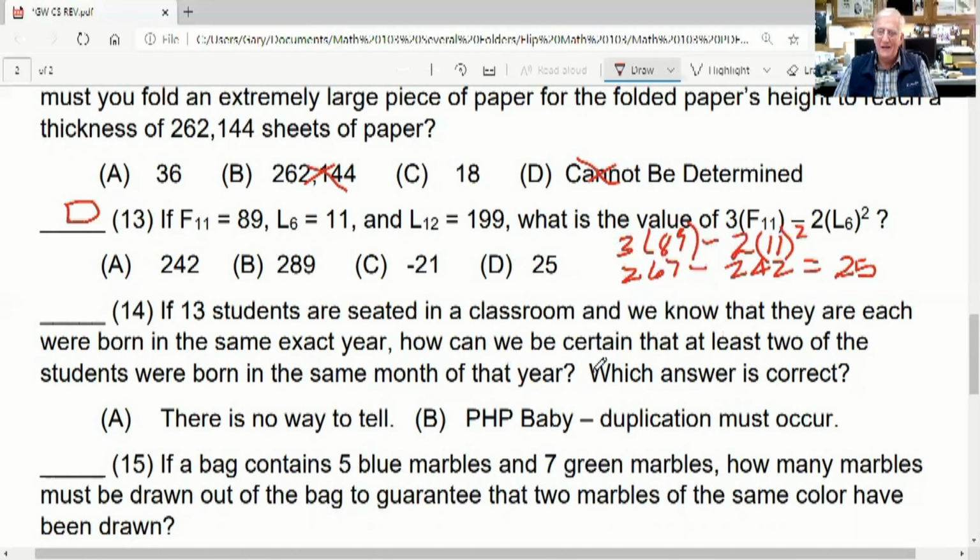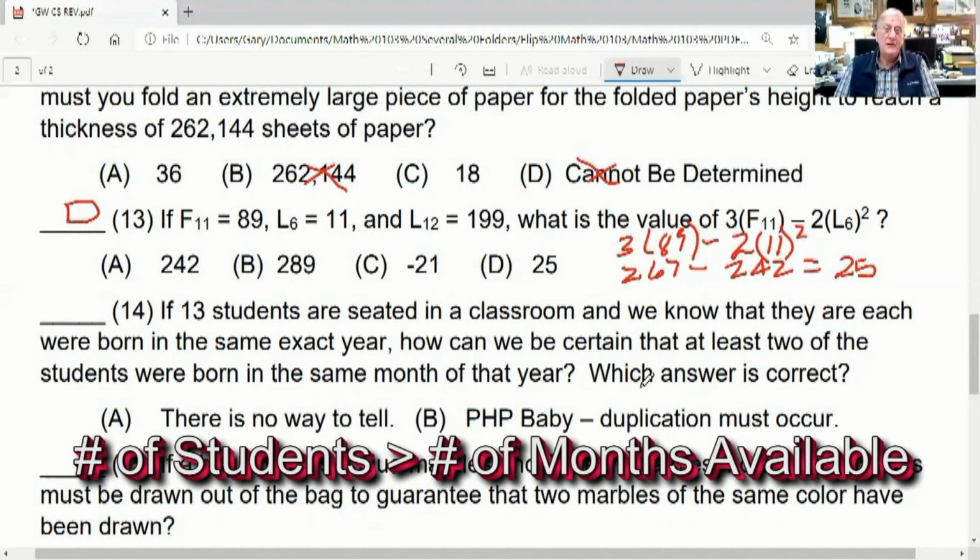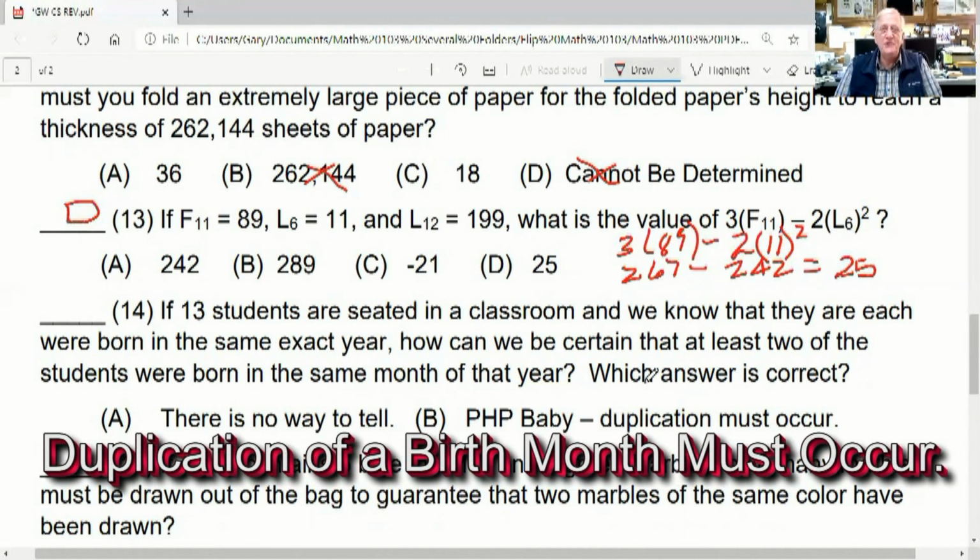Or B, PHP, baby, duplication must occur. There are more students than there are months to pick from. Because there are more students than there are months to pick from, that guarantees us that duplication must occur. And that's by the pigeonhole principle, PHP, baby, which of course is letter B.